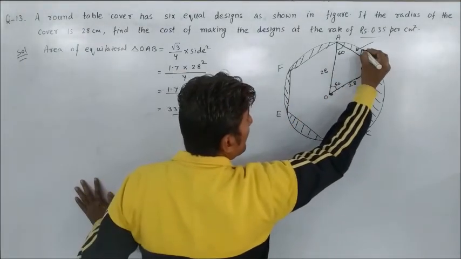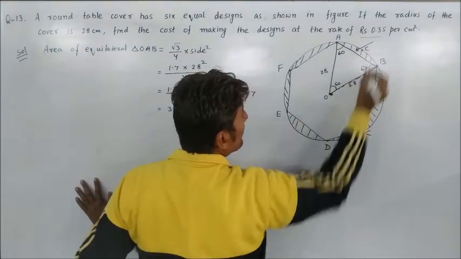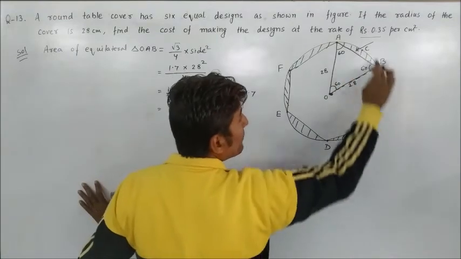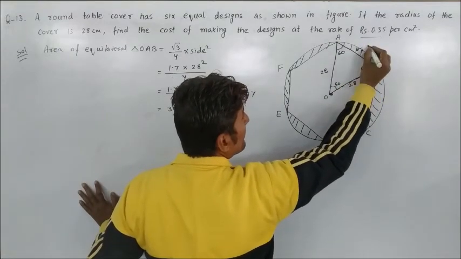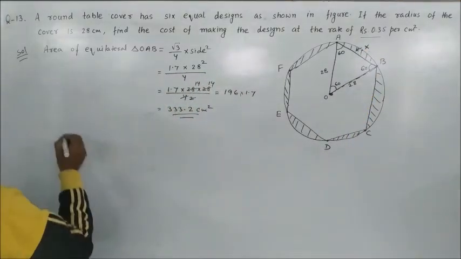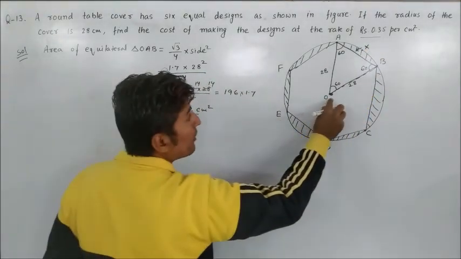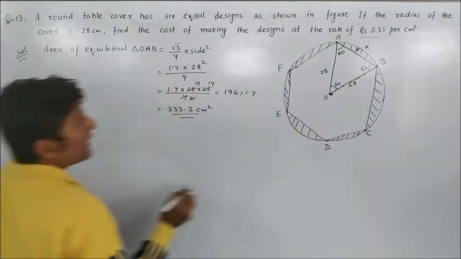After that, we will find the area of this sector. This point we can take as C, not C, because C is already here, so we can take another name. Suppose I have taken here X. So we are going to find the area of sector OBXA.